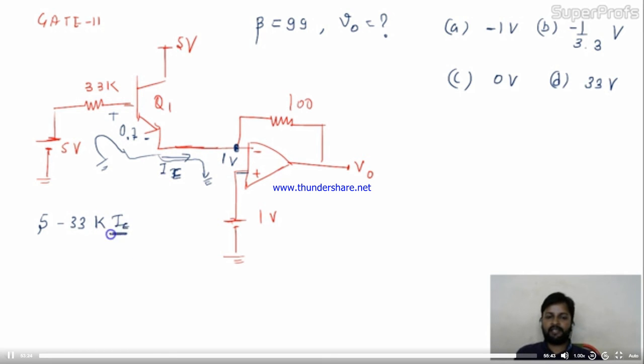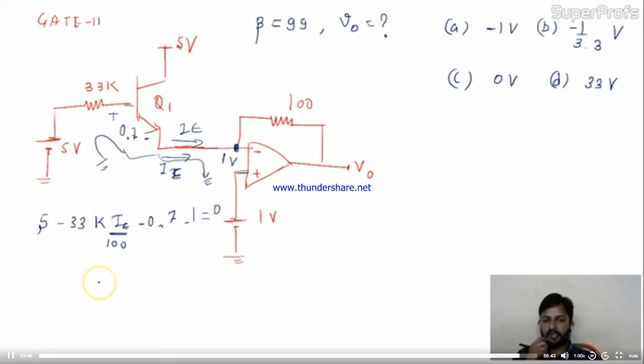IE divided by beta plus 1, which means 100. Is it okay to you? Minus 0.7. Perfectly fine. And I entered into the emitter terminal. In the emitter terminal, I got the 1 volt battery. So minus 1 equal to 0. Only one unknown, IE, and that IE I want to find out.